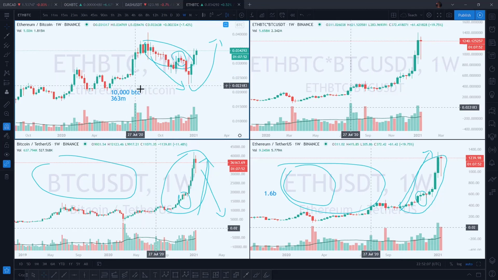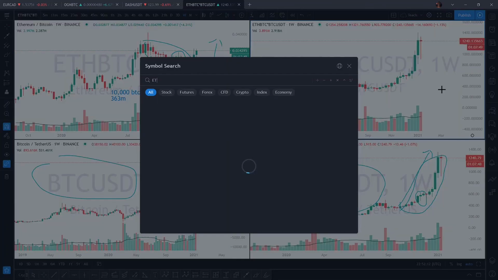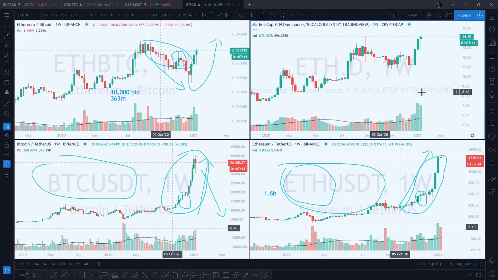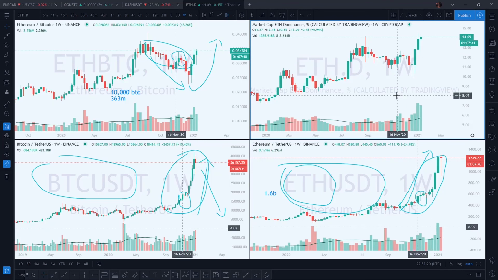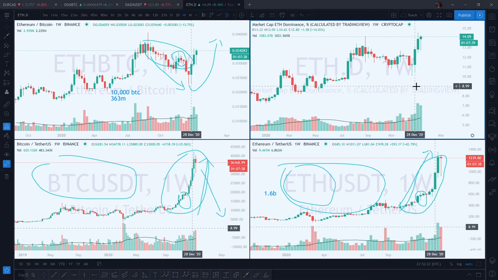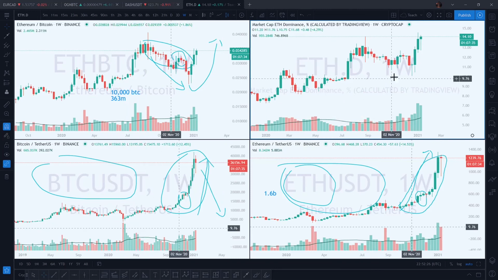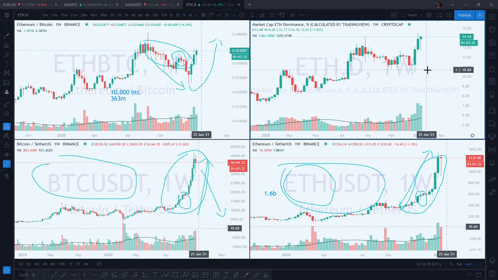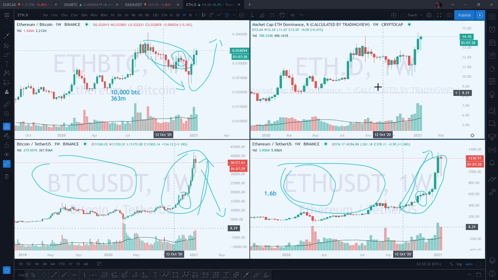So ETH, if I am to check the dominance for ETH, that will be ETH.D. As you can see, ETH is having just 14% of the entire dominance to itself. So if BTC and ETH are doing 66 plus 14%, that is like 80%. That means all the other altcoins are doing less than 20%.